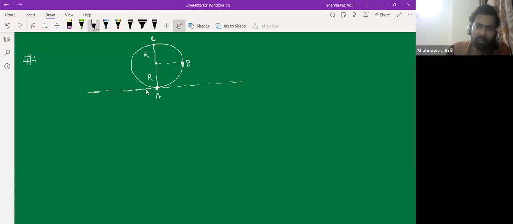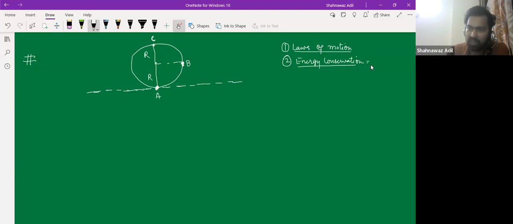So if I talk about these points, I have 2 concepts. One is Newton's laws of motion. Second concept is energy conservation. What do I mean by that?